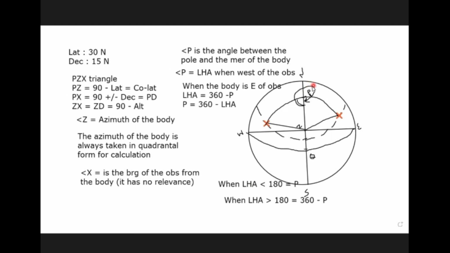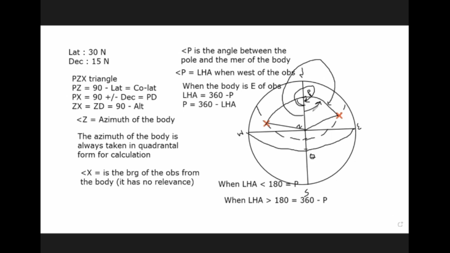And in that case, when it is east, then the LHA will be 360 minus P, or P will be 360 minus LHA, because P is this angle. In this case, P here is this angle, but LHA is this angle.